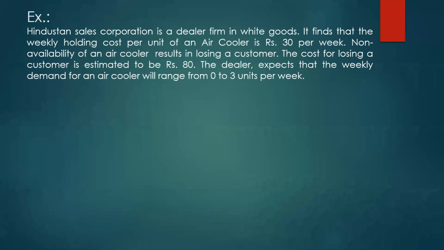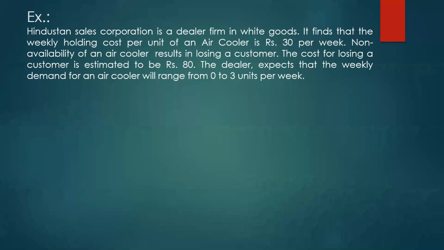So here we have an example of Hindustan Sales Corporation, which is a dealer firm in white goods. It finds that the weekly holding cost per unit of an air cooler is rupees 30 per week. Non-availability of an air cooler results in losing a customer, and the cost of losing a customer is estimated to be rupees 80.